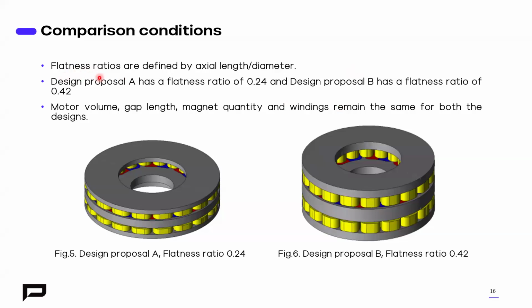So here I have mentioned, the flatness ratio is defined by the axial length divided by the diameter. Here we have only varied the flatness ratio, and all the other parts remain the same. Can we do efficiency map analysis in JMAG for SRM machines? Yes.